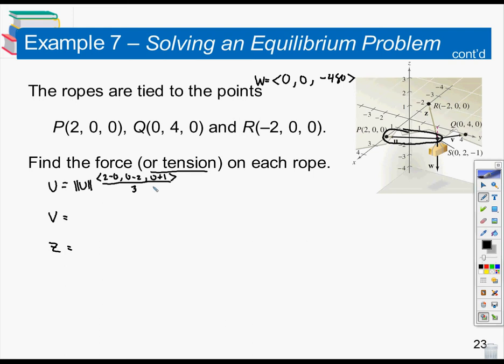Okay, so what this tells me is that I can express this vector u that's being pulled by this weight w as some magnitude times the unit vector in that particular direction, which is going to be 2 over 3, right? The first component over 3. The second component, negative 2 over 3.